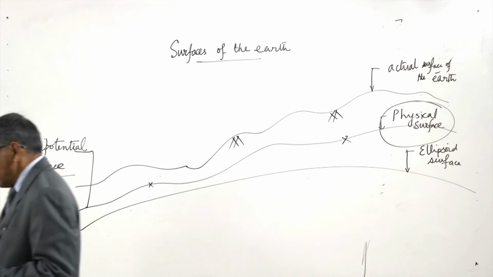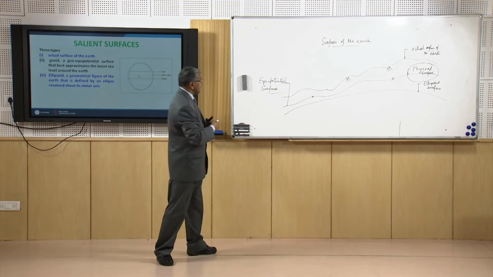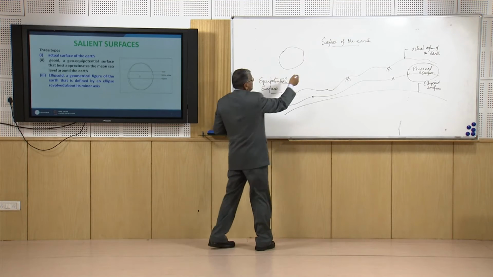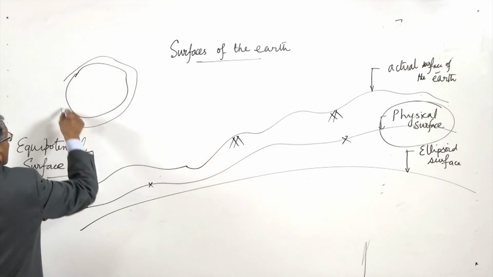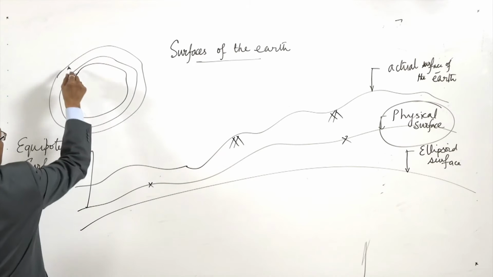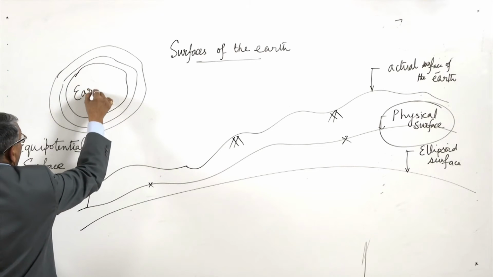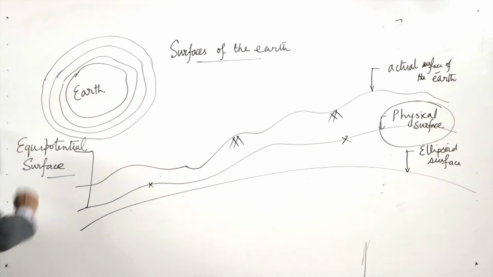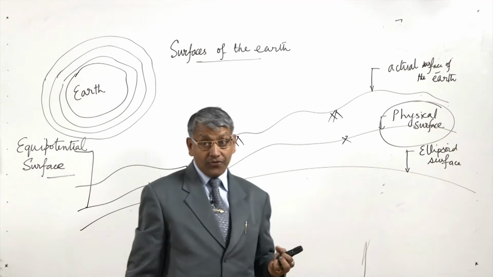And to make it a reference, if we consider the earth something like this, we may get infinite numbers of equipotential surfaces around the earth. But which one will we consider as a reference?